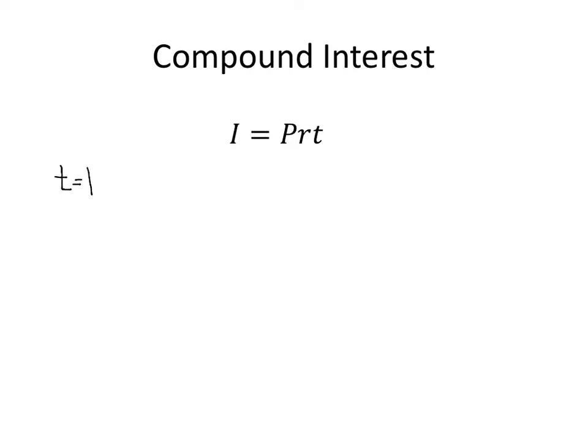At the end of a year, the amount in our account is the original principal plus the principal times the interest rate times 1, which is the number of years. We can factor P out of this, and we get P times 1 plus R.